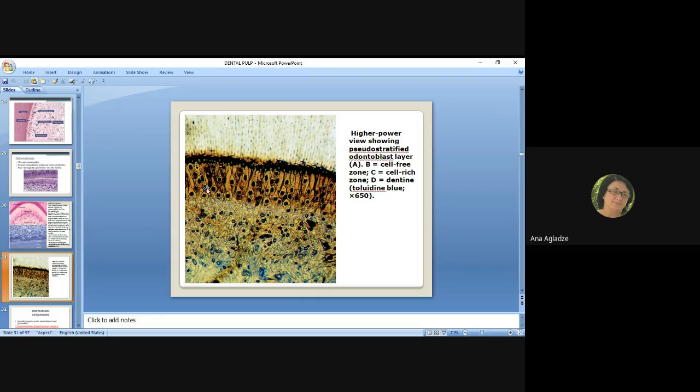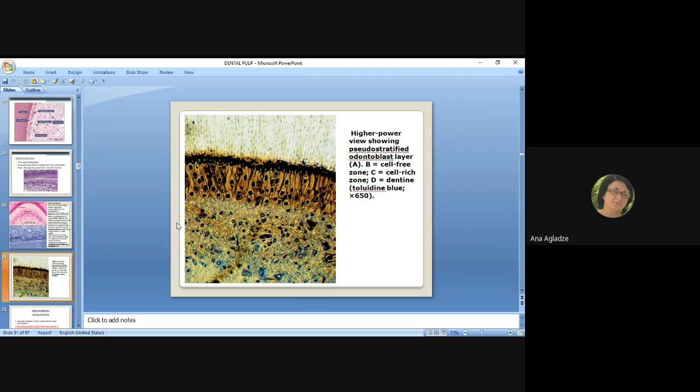It is not stratified, it is a single layer of cells attached to the predentin surface, and coronal odontoblasts are columnar, and this crowding causes them to have nuclei at different levels, and it seems that it is stratified, but it is a single layer of odontoblasts. This gives such a false appearance of multiple layers and is called pseudostratified.